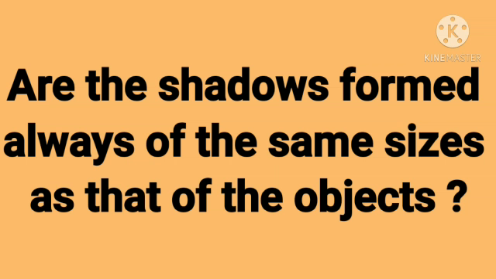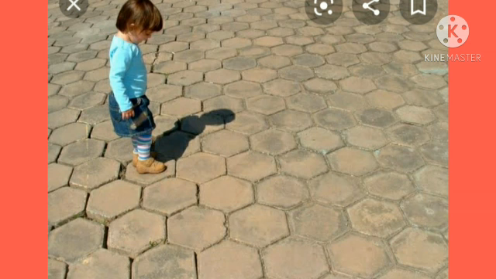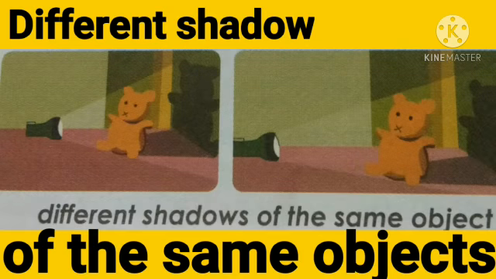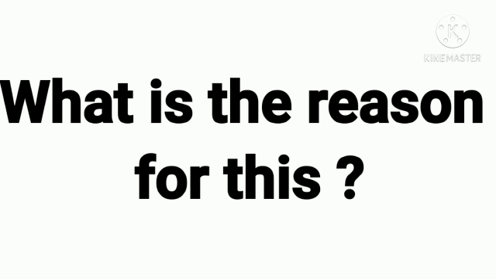Students, do you know, are shadows always formed of the same size as that of the object? Is the size of the object the same as that of its shadow? No, they appear in different sizes. Do you know the reason for this?